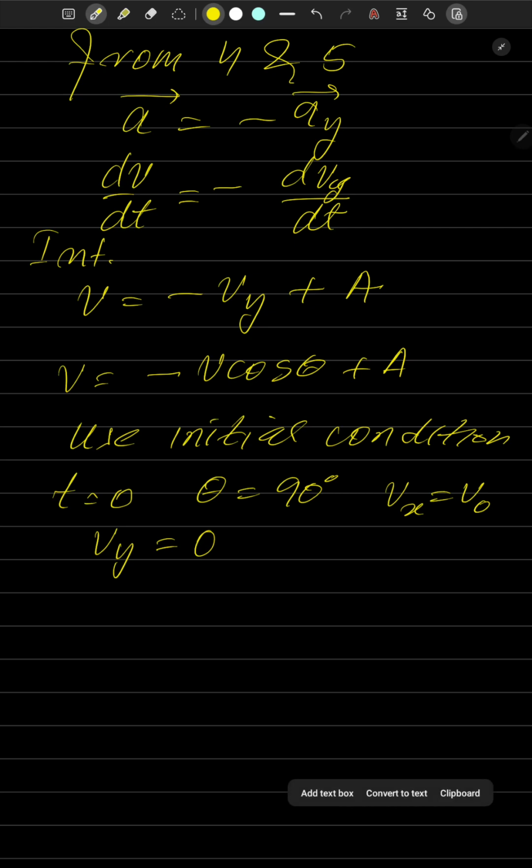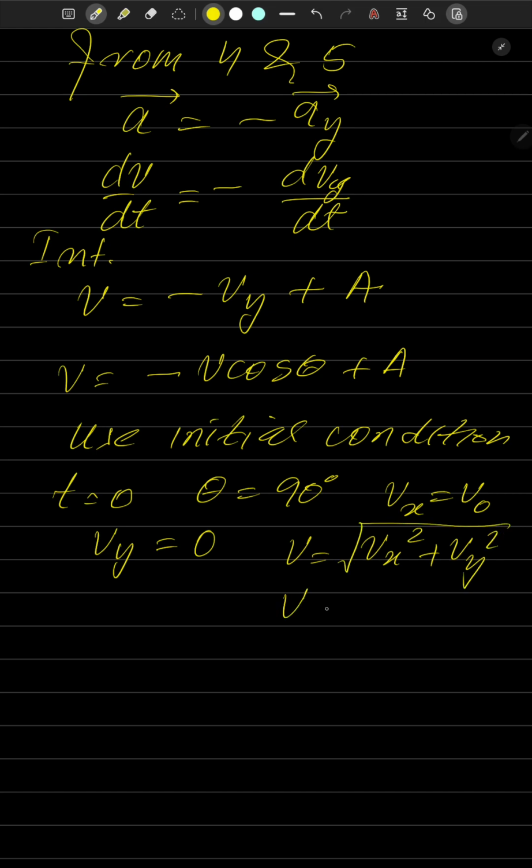If you check, your net velocity, which is the sum of the two velocity components at the initial point, your initial velocity is simply v naught again. Let us find out the velocity.